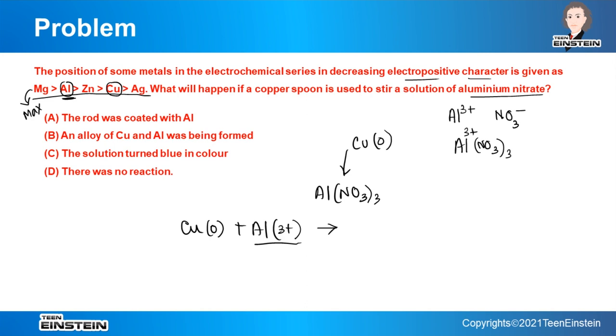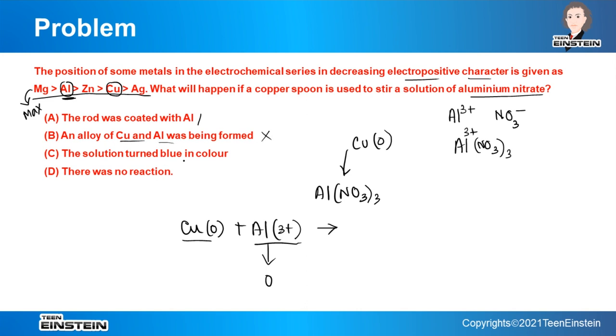Now look at the options. The first option is saying that the rod was coated with aluminium. What is the meaning of this line? That copper will be coated by aluminium. So for that, aluminium must be converted to 0. But it has very low tendency to accept electrons from another system, so the rod cannot be coated with aluminium. Next, an alloy of copper and aluminium was being formed. This is not correct.